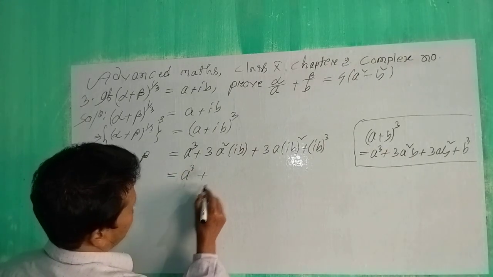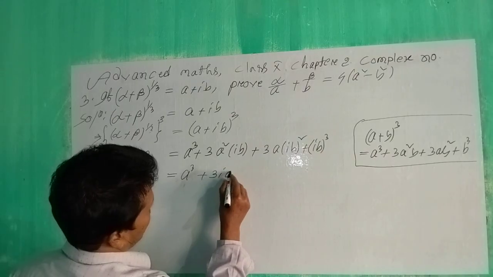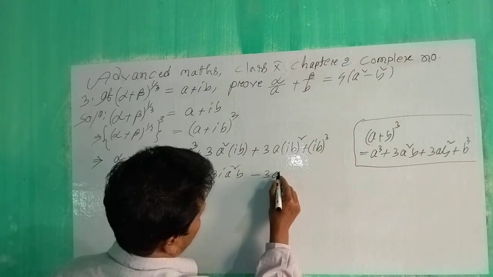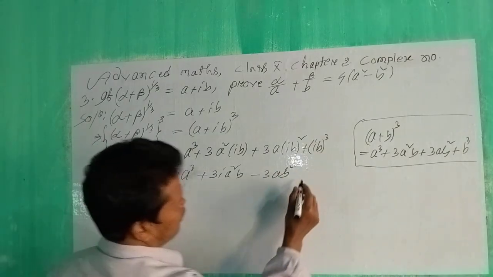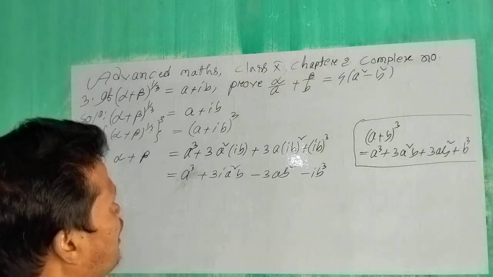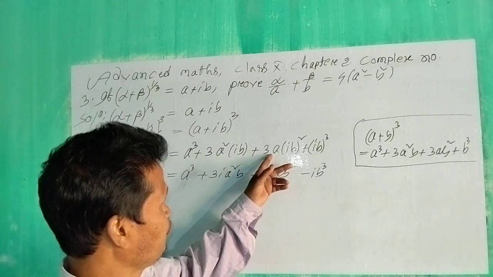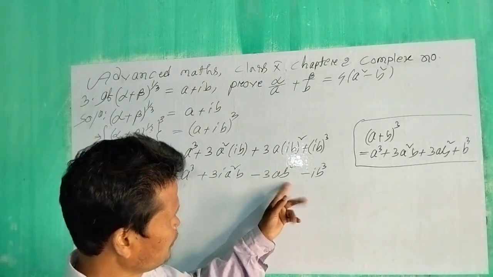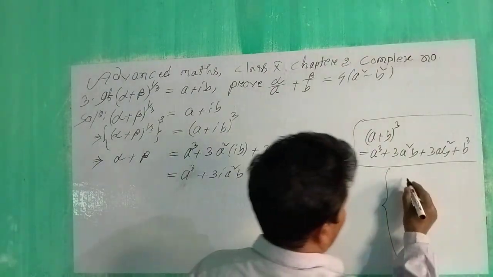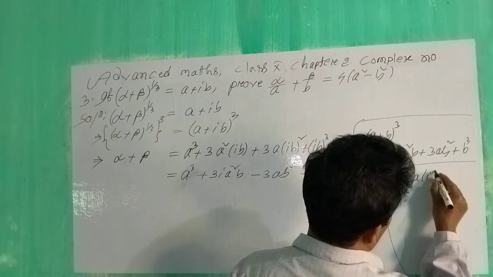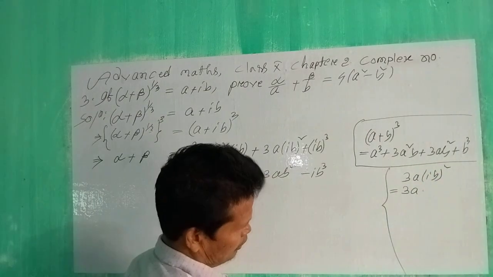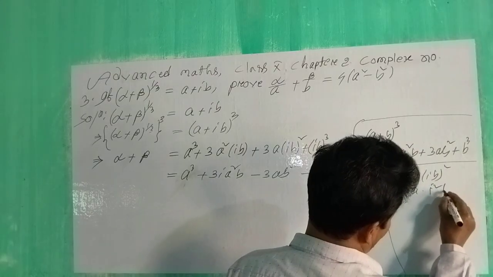a cube plus 3ia square b minus 3ab square minus ib cube. How do we have plus 3a ib whole square equal to 3ab square? 3a into ib square equal to 3a ib square means i square into b square.